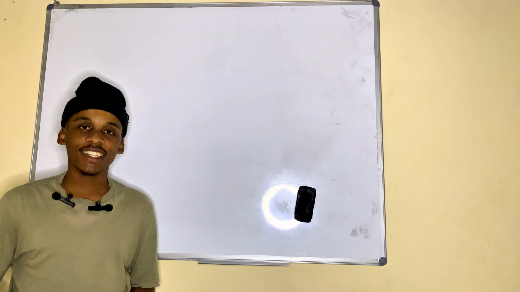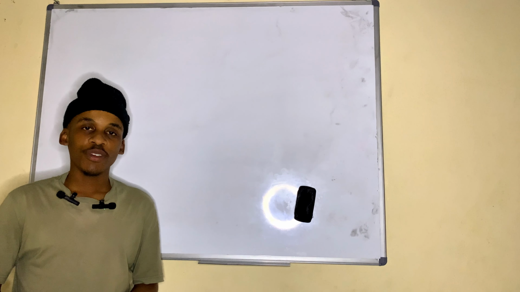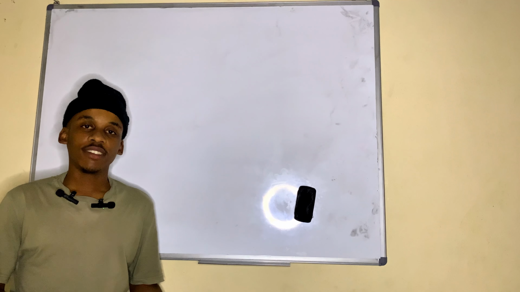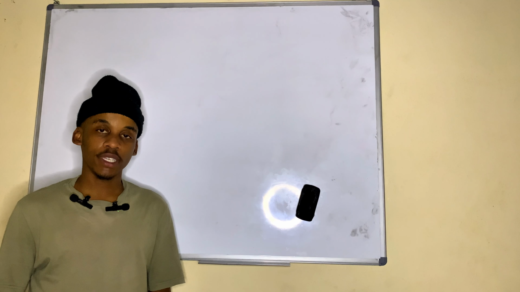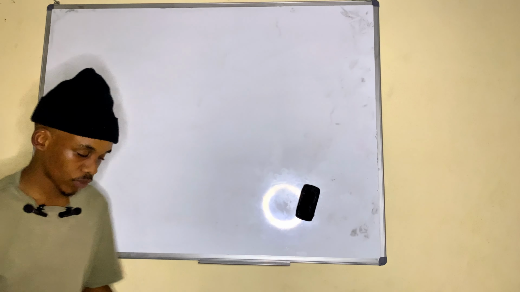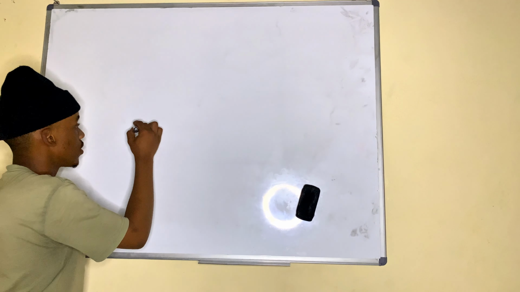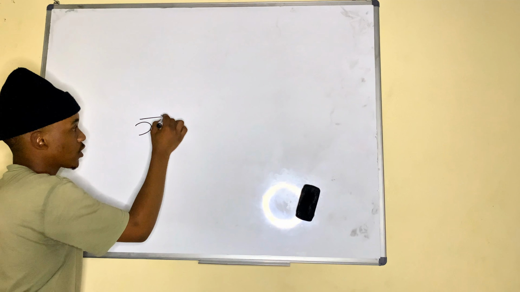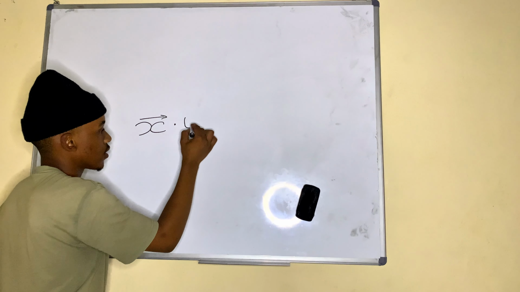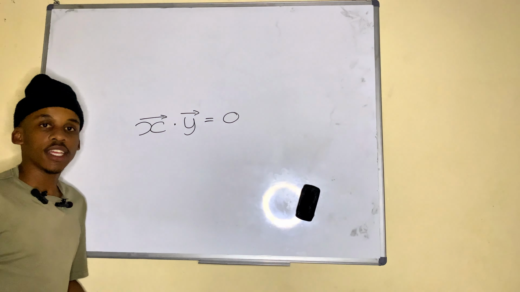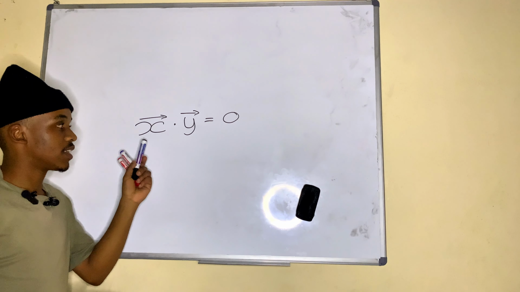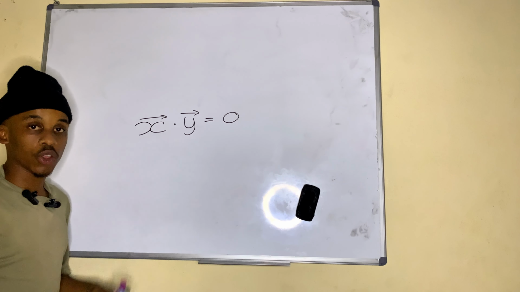Two vectors are said to be orthogonal or perpendicular if their dot product is equal to 0. So if we have vector x and vector y, and the dot product of vector x and vector y equals 0, then it means that these two vectors are orthogonal.